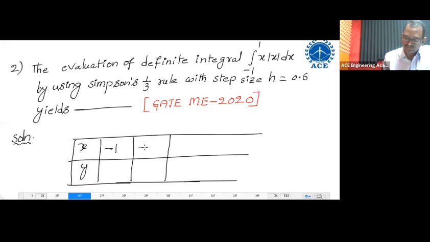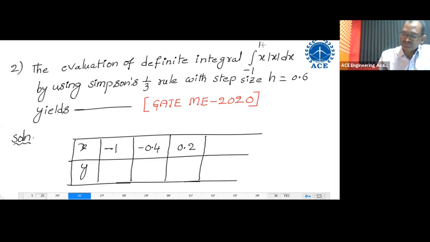Guess how much? Minus 0.4. Minus 0.4 minus of minus 1, plus 1 minus 0.4, is 0.6. You write one number here such that this value minus this value should be 0.6. So what number here? 0.2. 0.2 minus of minus 0.4 is 0.6. And tell me one value here.